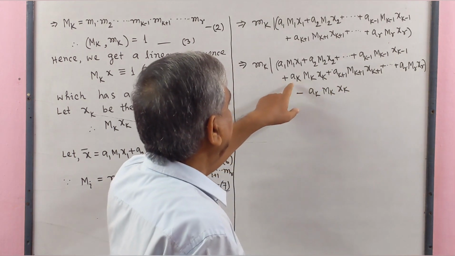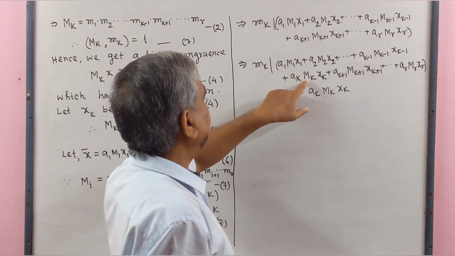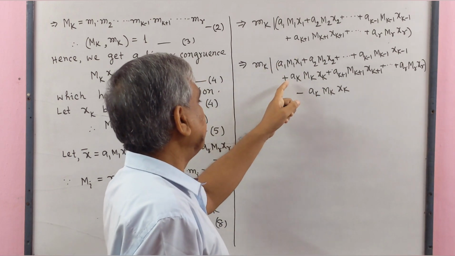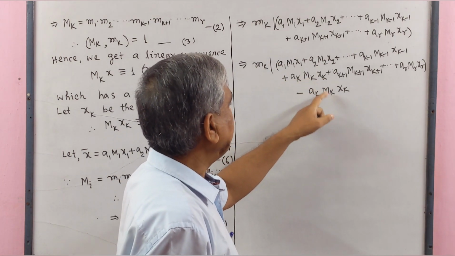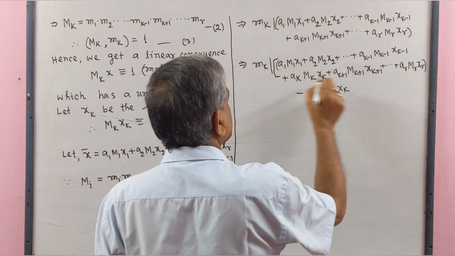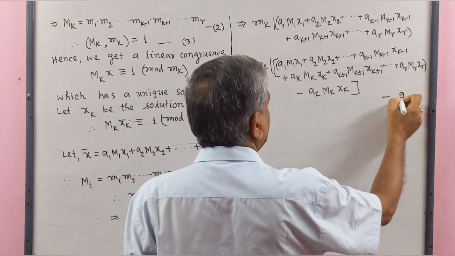Here we have added ak Mk xk and also we subtract this term minus ak Mk xk. Right, this is number 9.